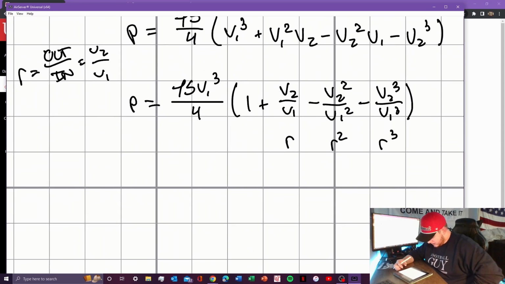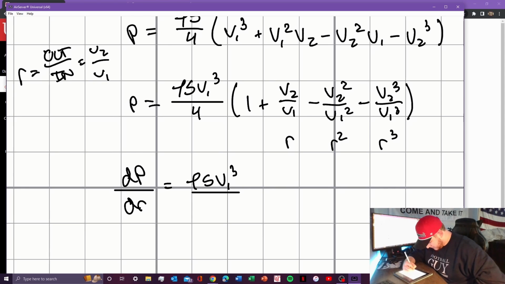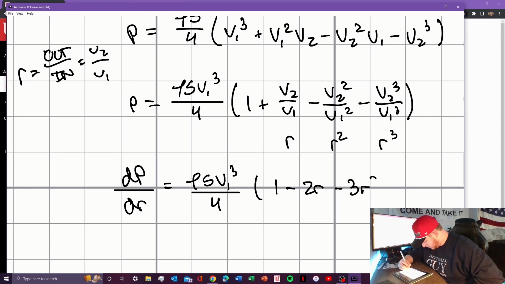So if we take the derivative of P with respect to R and set it equal to 0, we can pull out these constants. That's a non-factor. And we are left with 1 minus 2R minus 3R squared equals 0.